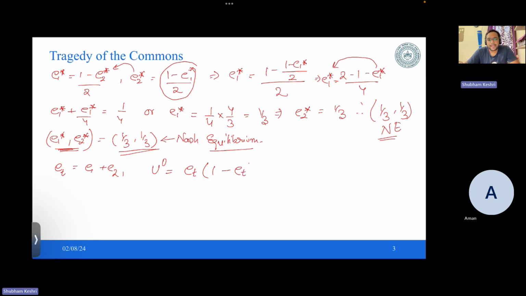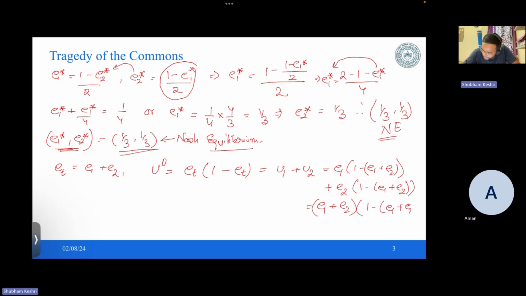All right. And this utility is actually obtained by U1 plus U2, where U1 is given by E1 times 1 minus E1 plus E2, plus E2 times 1 minus E1 plus E2. If you solve this, it will become E1 plus E2 times 1 minus E1 plus E2.